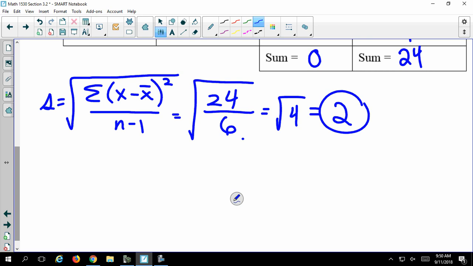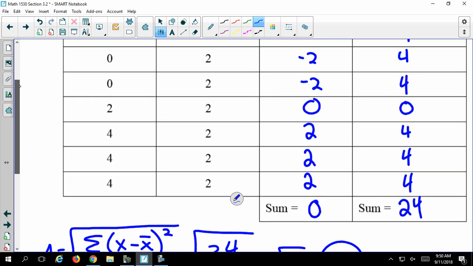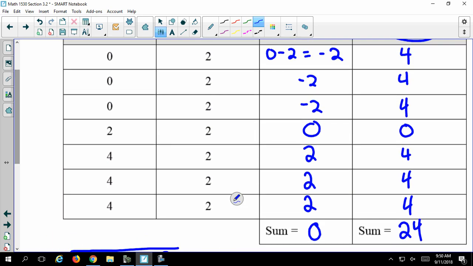So let's talk about why it is n minus 1. In our data, the mean is 2, and we have a data value that's actually equal to 2, right? So when we subtract the mean from itself, we get 0.